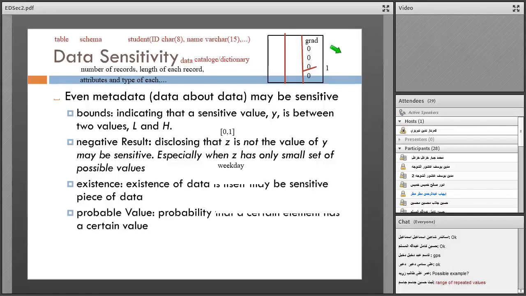Here, for example, we have a small set of possible values. The possible values for graduation are 0 or 1. We don't have another one. Or maybe the student is fired from the university and cannot come anymore.